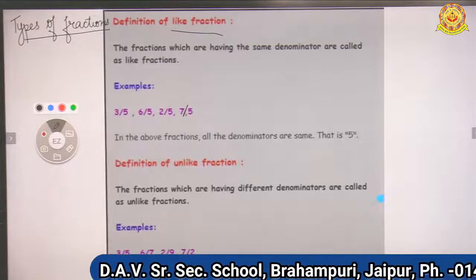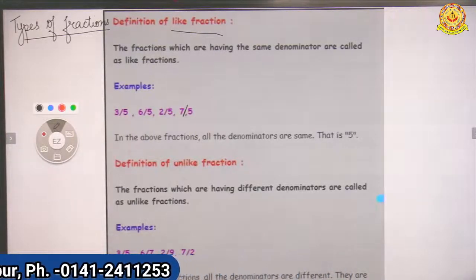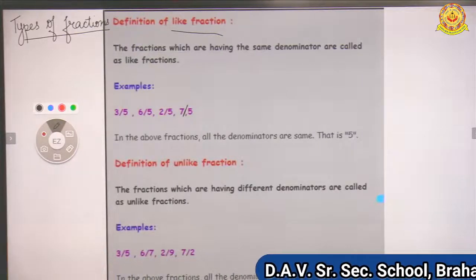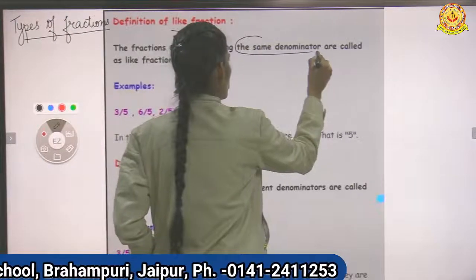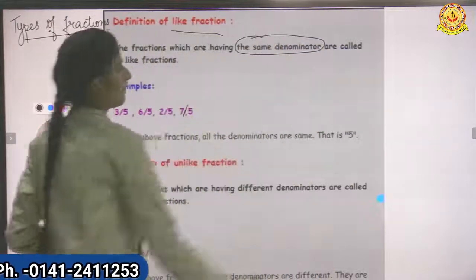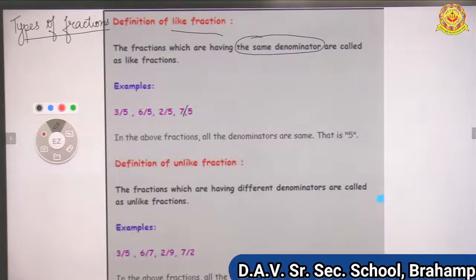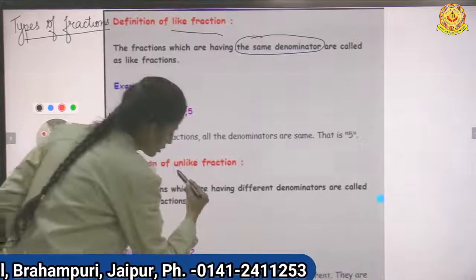Now unlike fraction is the opposite of like fraction. In like fractions, we just see the same denominators. So if we are talking about the opposite, what will be the opposite? Different denominators.